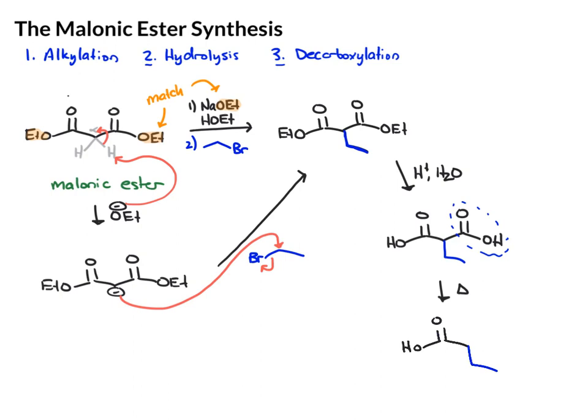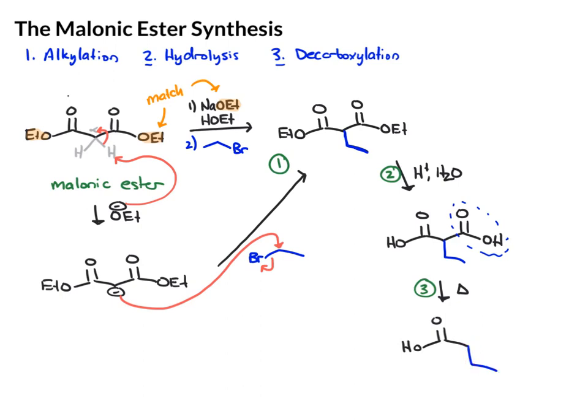So to recap, here's 1, the alkylation, 2, the hydrolysis, 3, the decarboxylation. Now, as I mentioned before, you can actually do a second alkylation. So say you wanted a product with two groups on here.